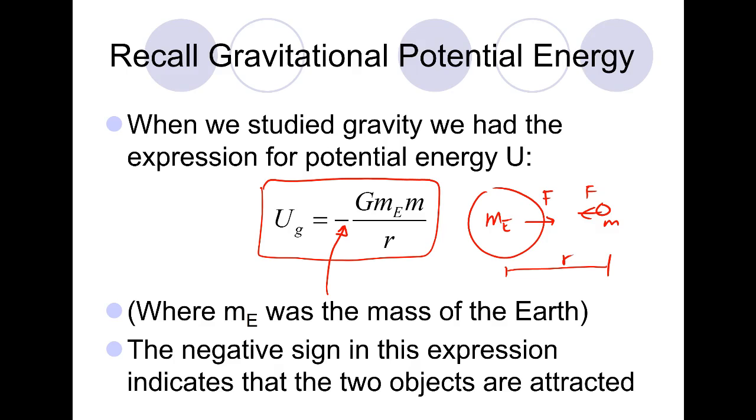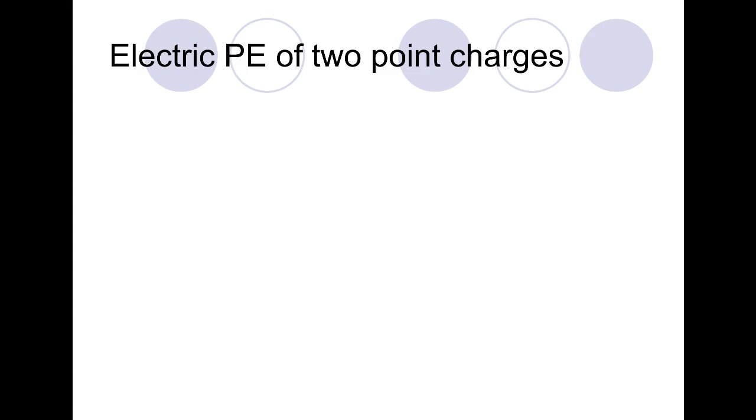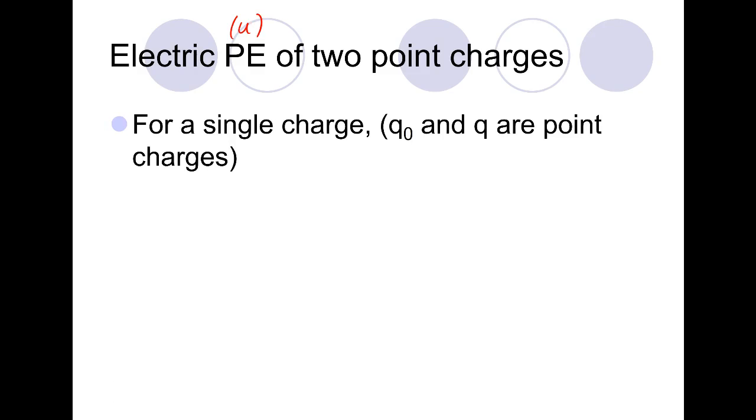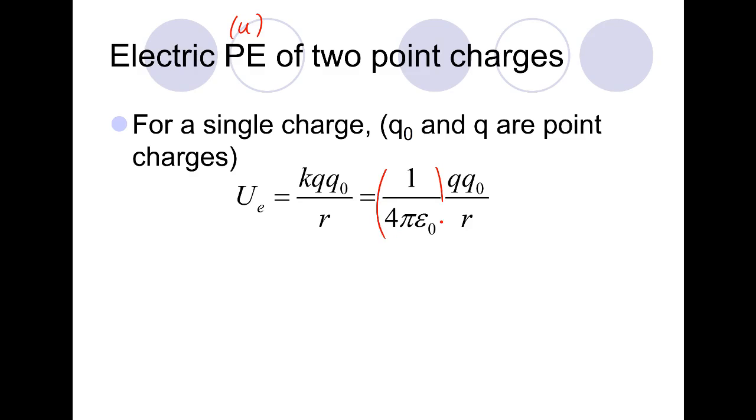So it turns out that, like gravity, you can write an expression for electric potential energy, and we sometimes just call that U. And if you have a pair of two charges, the potential energy is k q1 q2 over R, and k, of course, can be written as 1 over 4 pi epsilon naught.